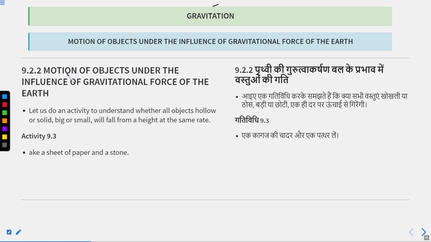Now we are trying to understand the motion of object under the influence of earth's gravitational force, and we know that under the influence of earth's gravitational force, most objects do circular motion or fall on the surface of the earth. And to understand it, we will take a sheet of paper and a stone.